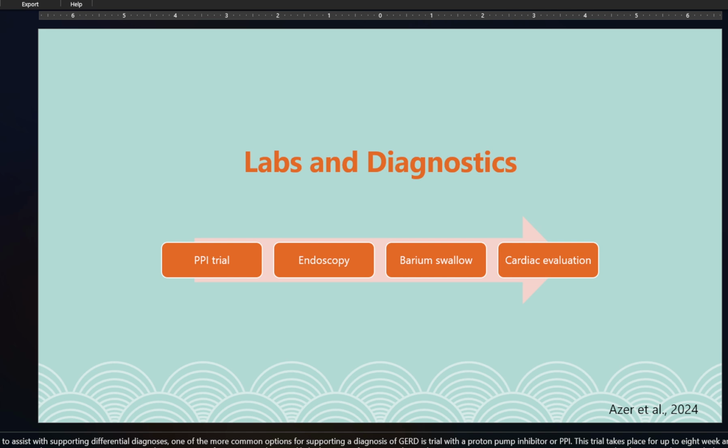Close attention to esophageal mucosa can be evaluated through this, along with grading of any damage that is found. Other tests may include barium swallow imaging for assessment of abnormalities throughout the esophagus. For patients presenting with any symptoms that could indicate potential cardiac involvement, an evaluation should be completed, such as with an EKG.